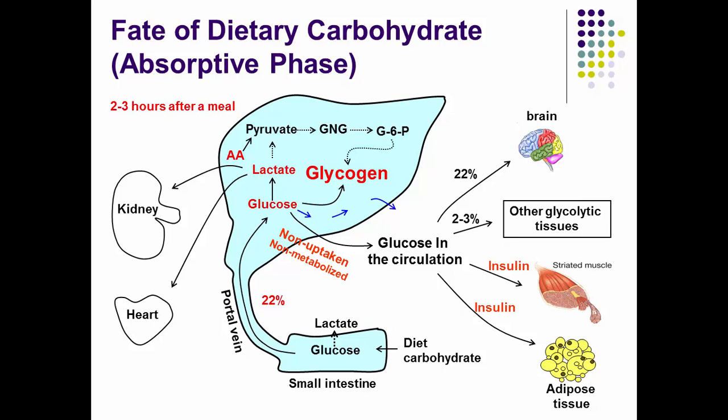And another important thing is that these 2 tissues, skeletal muscle and adipose tissue, are insulin dependent in taking up glucose, right? So in the fed condition, the insulin levels rise.